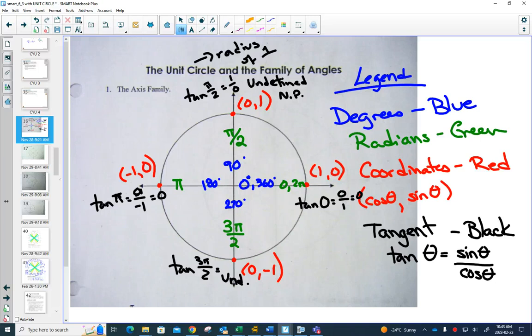So because we can label points with a radius of 1 super easily, we can now figure out values without our calculator. If we know these values, then we can figure them out just by looking at the unit circle. What's sine of 90 degrees? 1. What's cos of 90 degrees? 0. Right? What's tan of pi? 0.